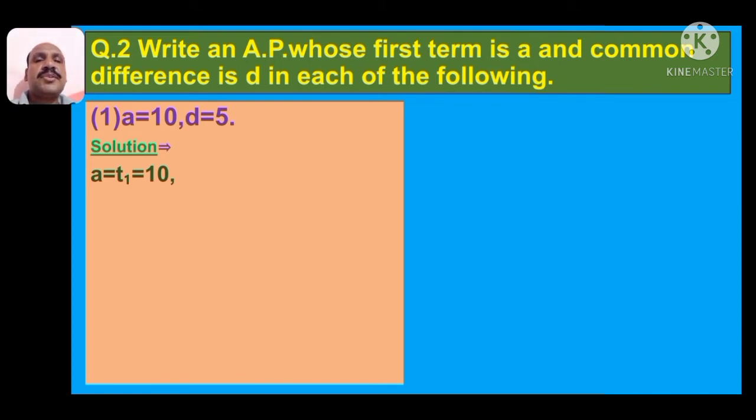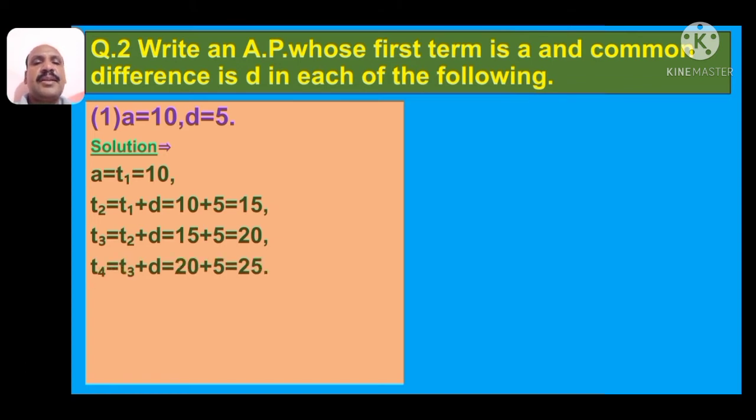First term, which is also denoted by T1, therefore A is equal to T1 is equal to 10. Now we'll find the next term. T2 is equal to T1 plus D, which is equal to 10 plus 5, which is equal to 15. T3 is equal to T2 plus D, which is equal to 15 plus 5 is equal to 20.